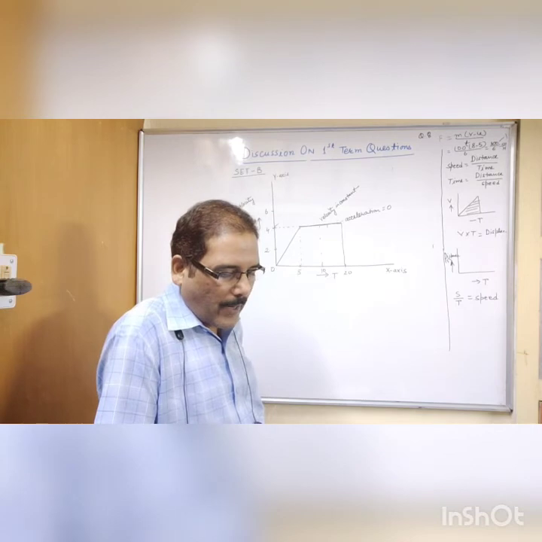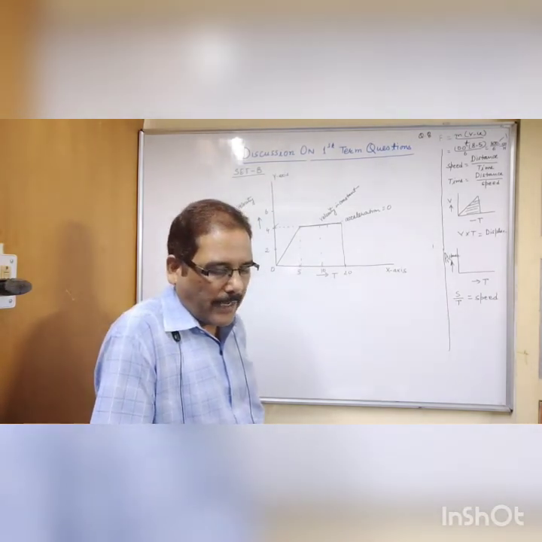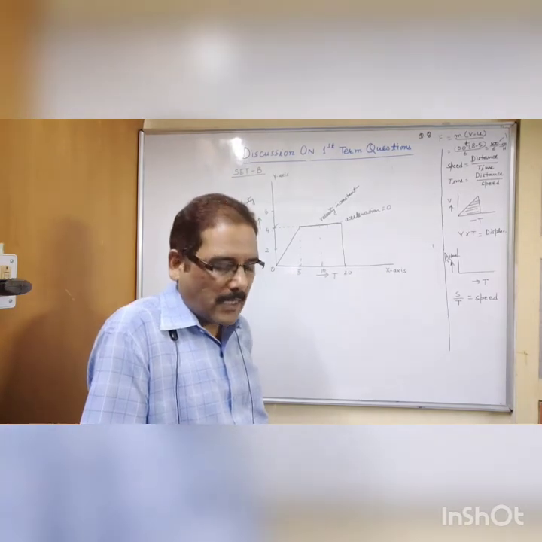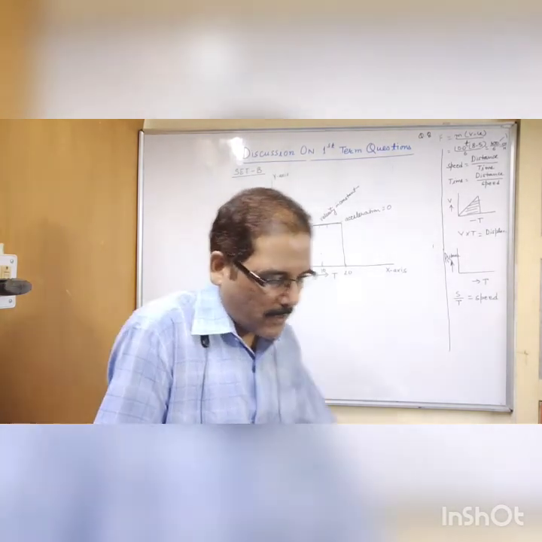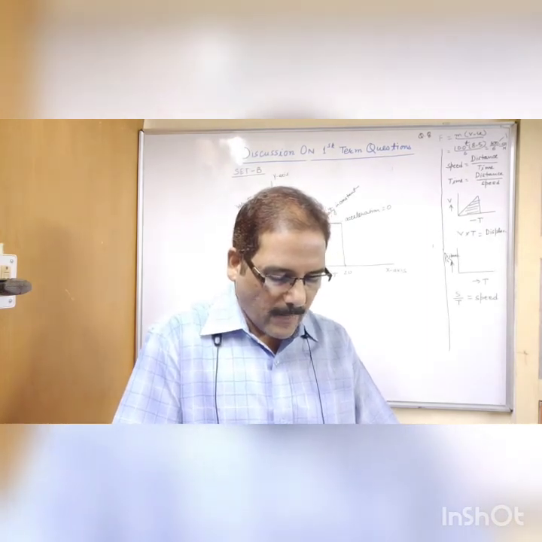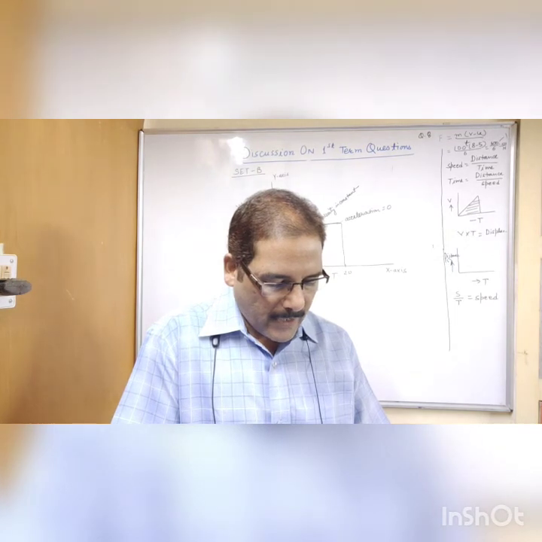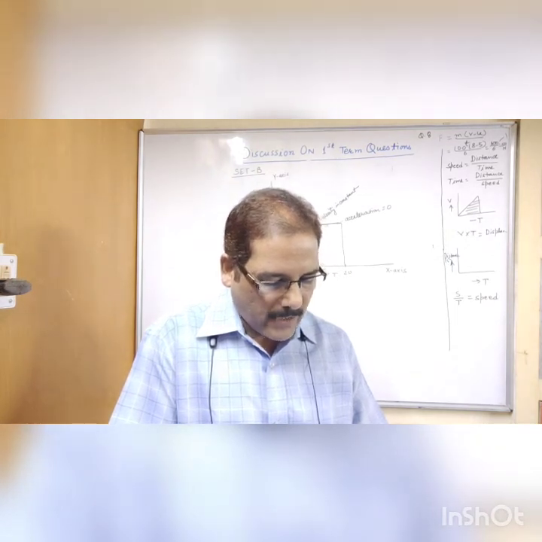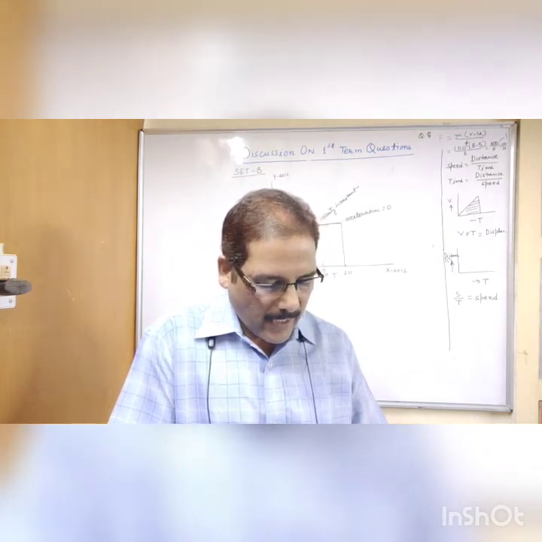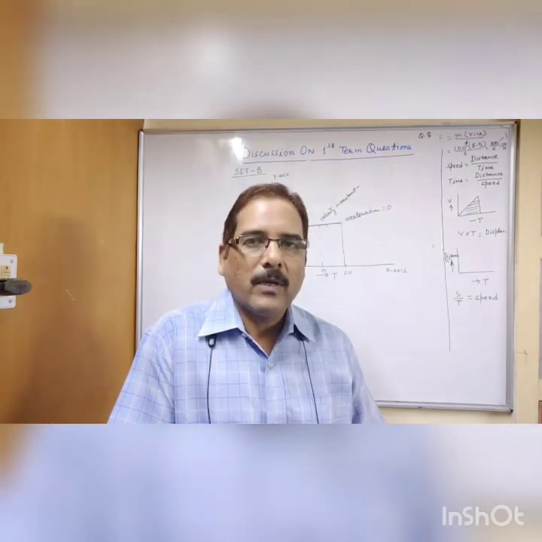Then the second part is a numerical, and the question is given in NCERT book. Also in examples, a force of 5 Newton gives a mass m1 an acceleration of 10 meter per second square, and a mass m2 an acceleration of 20 meter per second square. What acceleration would it give if both the masses were tied together?